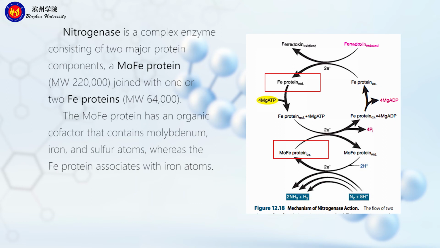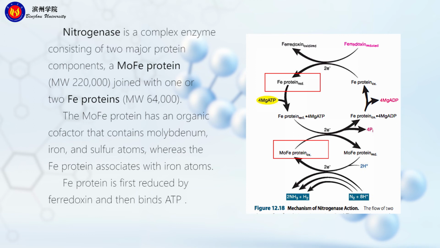A molybdenum-iron protein joined with one or two iron proteins. The molybdenum-iron protein has an organic cofactor that contains molybdenum ion and sulfur atoms, whereas the iron protein is associated with iron atoms.